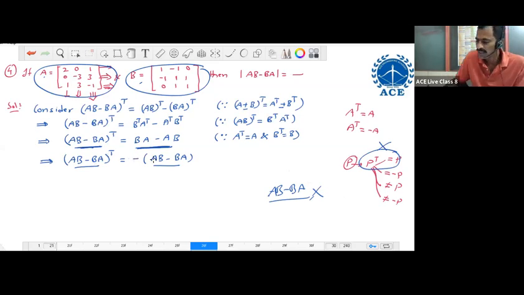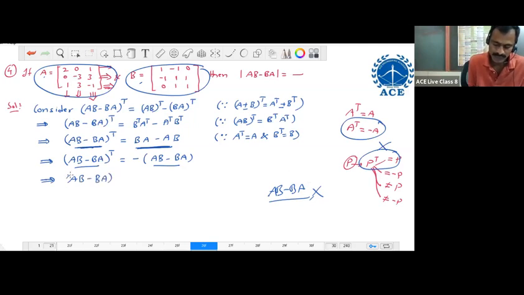That is, this condition is satisfied. Therefore, AB minus BA is a skew symmetric matrix.